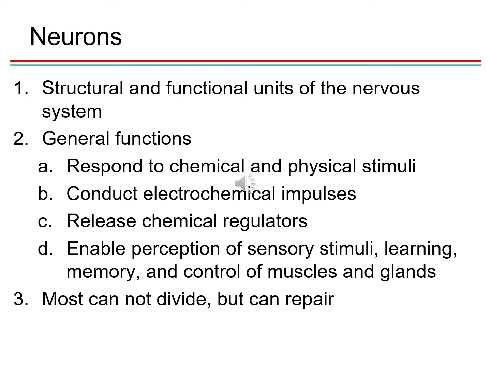But the variety of functions is really very broad, very complex, as you can read in this slide: they are in charge of learning, producing memory, and controlling muscles and glands. And also, as I mentioned before, they cannot be divided. They can be repaired eventually, but not divided.